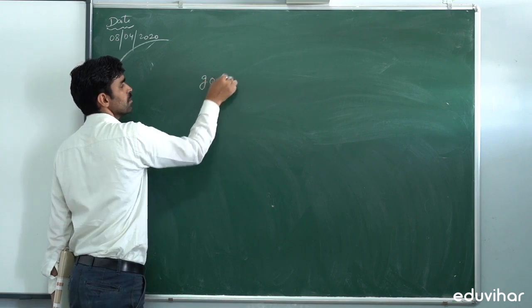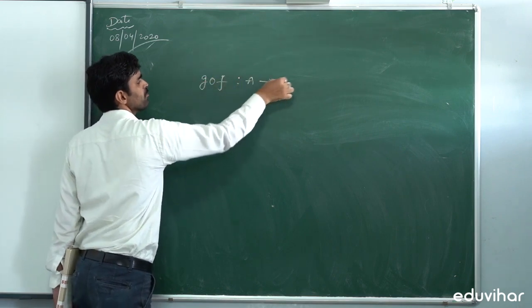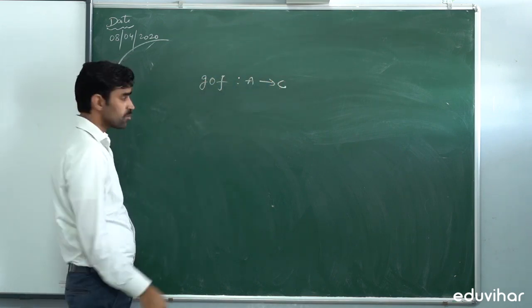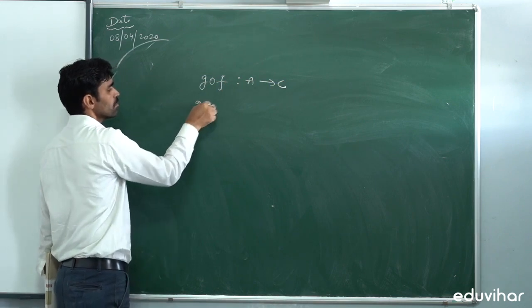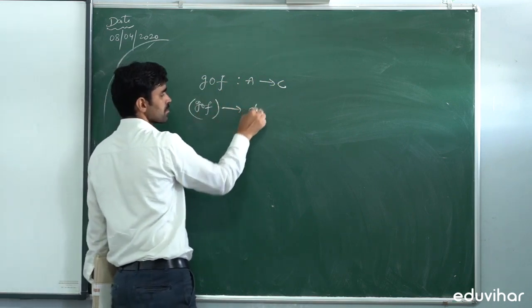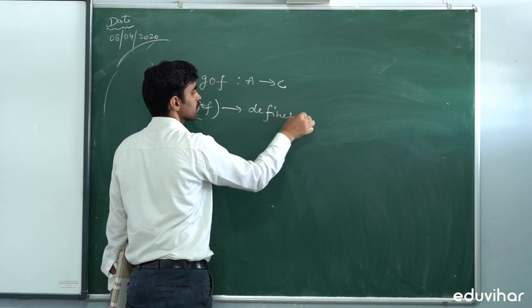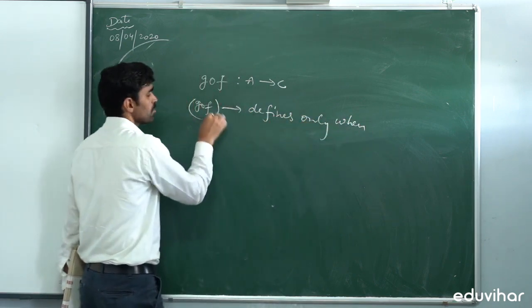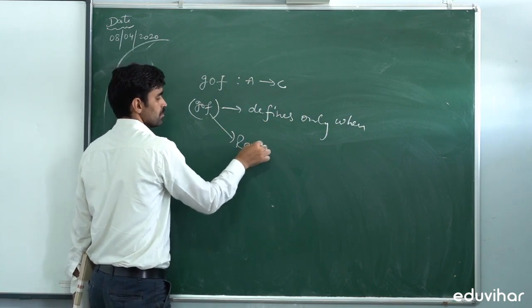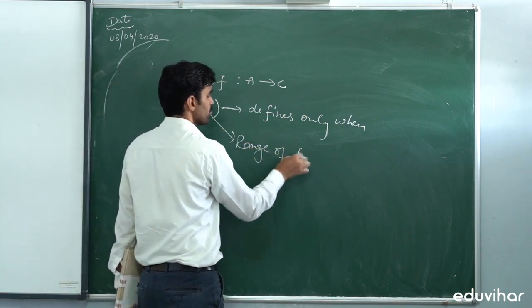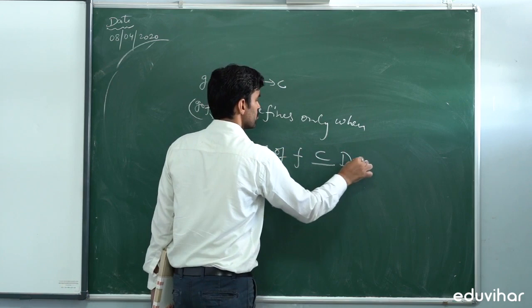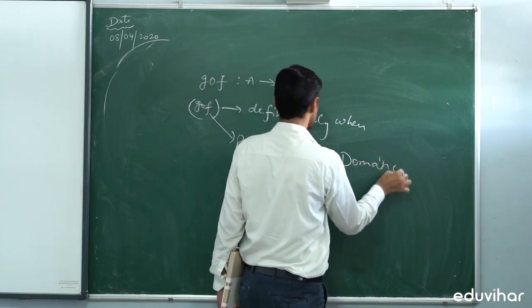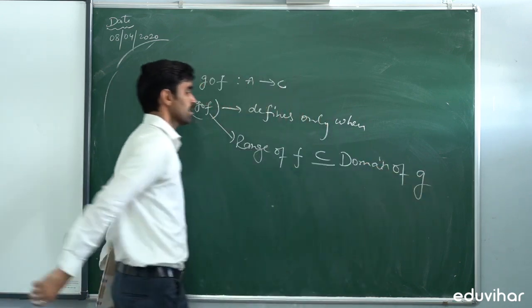As you know, gof goes from A to C. So we can say gof is defined only when the range of f must be a subset of the domain of g.